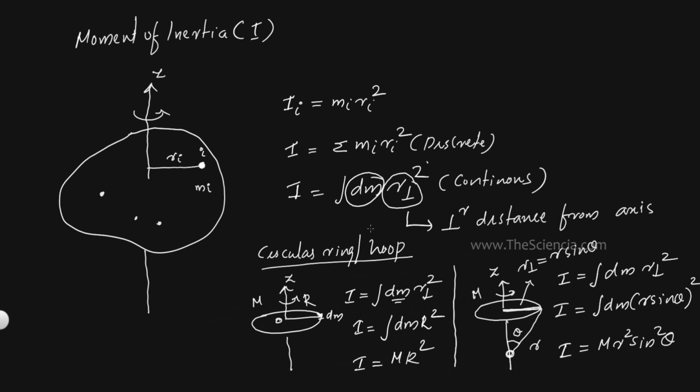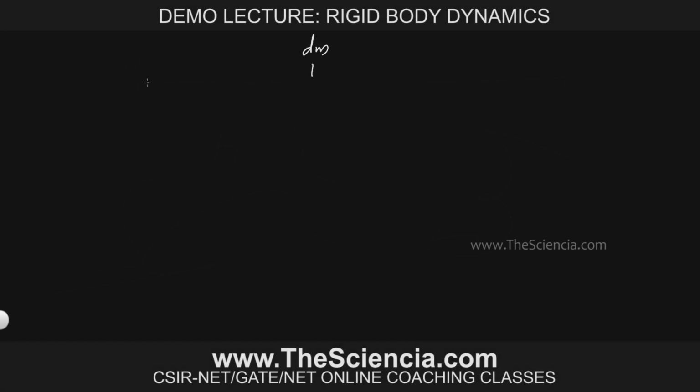Now we are going to discuss dm, the mass element. Here I am discussing a little about the mass element dm. I am taking the mass element in 1 dimension, 2 dimensions and 3 dimensions.